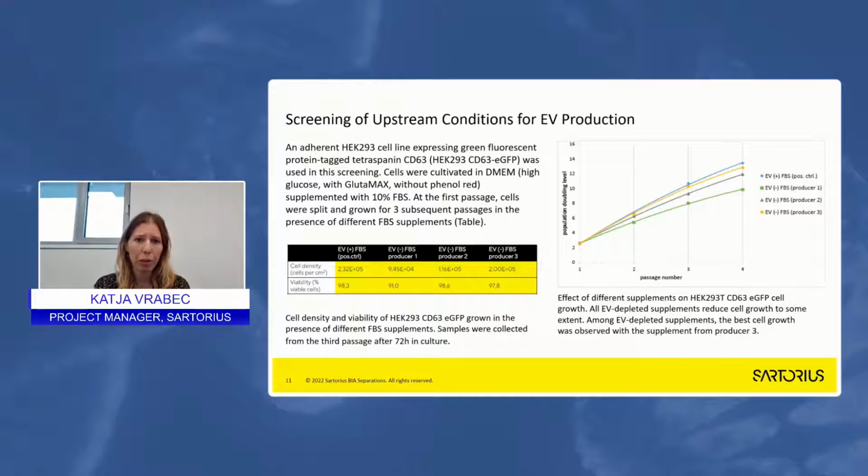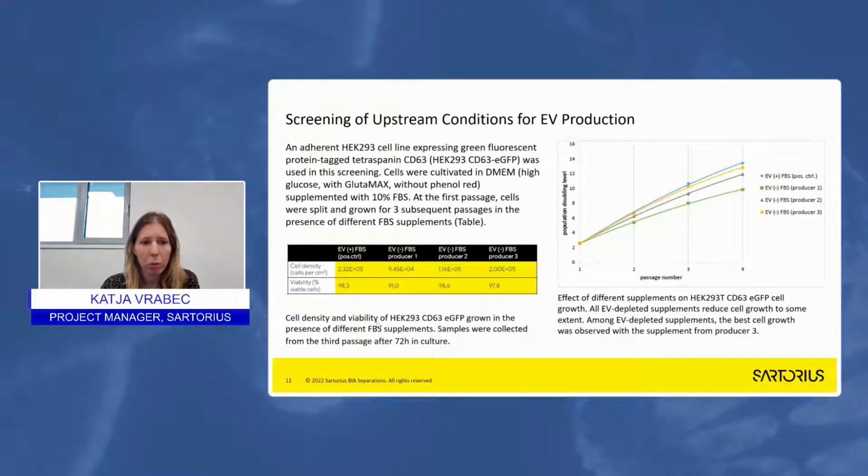At the first passage, cells were split and then grown for 3 more subsequent passages in the presence of different supplements. On the table, we can see cell density data and viability data of these cells in the presence of these different FBSs. Samples were collected from the first passage after 72 hours of culture.